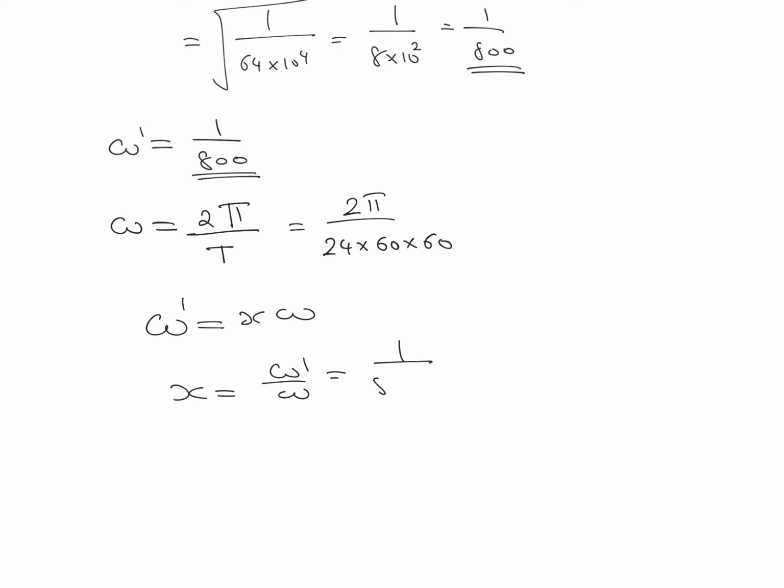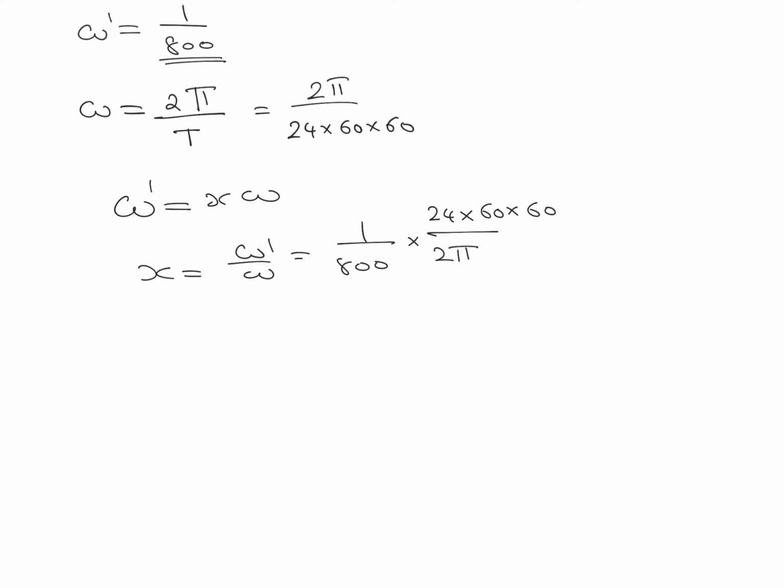The value of omega dash is 1 by 800, and the value of omega is 2 pi divided by 24 into 60 into 60, that is 24 hours, 24 into 60 minutes into 60 seconds. So we can cancel this 0 over here and 1 0 over here, and we know that 8 3s are 24.